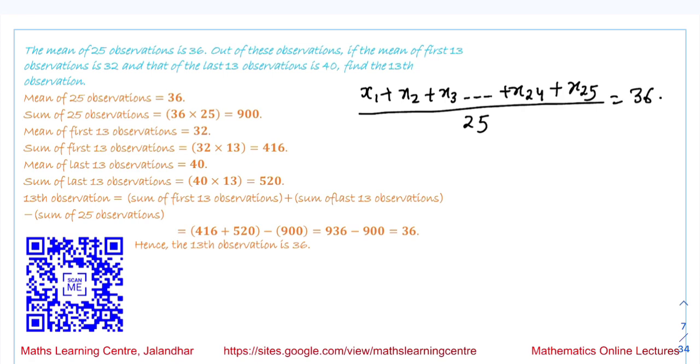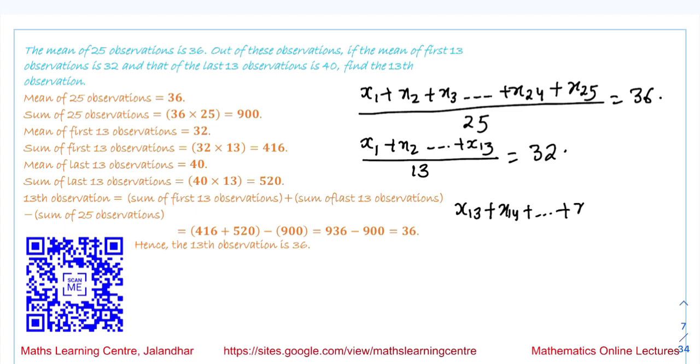If the mean of the first 13 observations is 32, that is x1 plus x2 and so on up to x13, and that of the last 13 observations is 40, that is x13 plus x14 and so on up to x25 over 13 equals 40, we have to find the 13th observation.